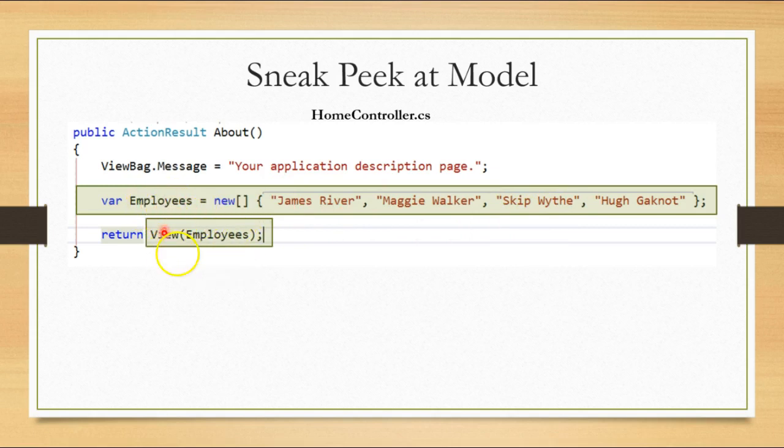Now, this time we will pass the model, which is this array here, to the view. Remember before we set a viewBag.employees up here. This time we're going to create a crude little model and pass it to the view.